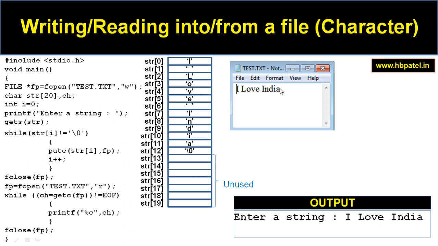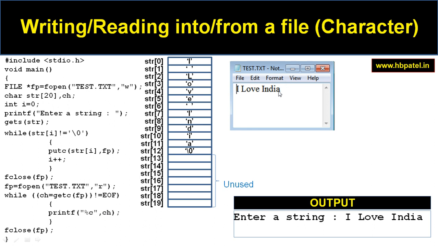Now let us try to read it. We open the same program for reading. We read one by one each character, ch equal to getc(fp), and check whether it is not end of file. First it will read I, then space, then l, o, v, e, then India. All these characters will be read and they will not be end of file, so they will be printed on the monitor.